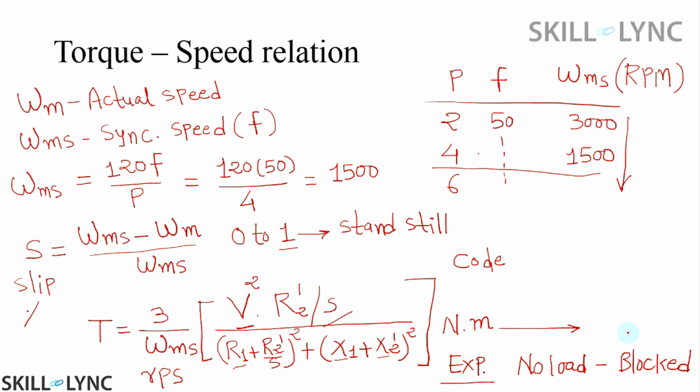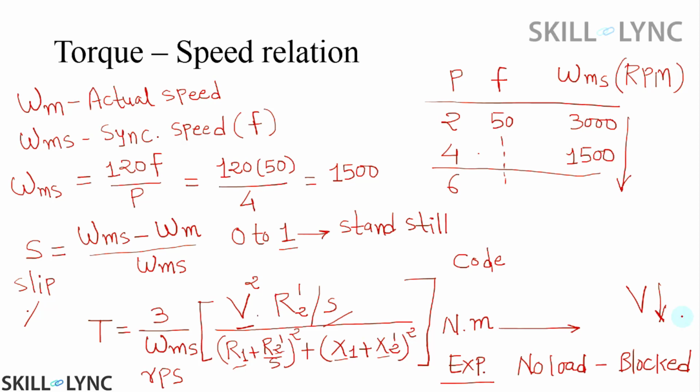What is a block rotor test? You apply a reduced voltage, to an extent such that the rated current flows under the block rotor situation. If you perform this experiment, you have to hold the rotor and apply enough brake such that the rotor doesn't rotate at all.